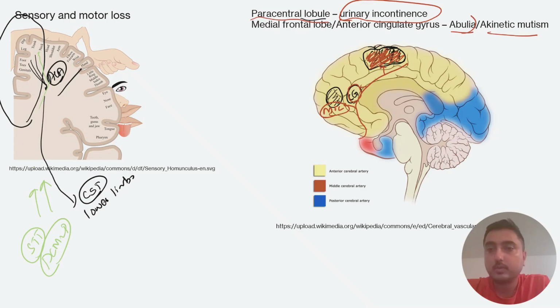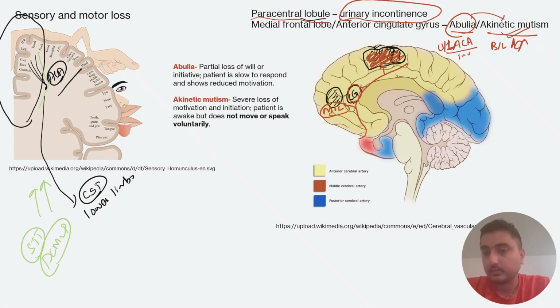Abulia will be present if only one of the two anterior cerebral arteries is involved. Unilateral ACA occlusion or involvement would lead to abulia, whereas akinetic mutism results from the bilateral involvement of the anterior cerebral arteries. It's like a spectrum. Abulia is the mild form and akinetic mutism is the more severe form.